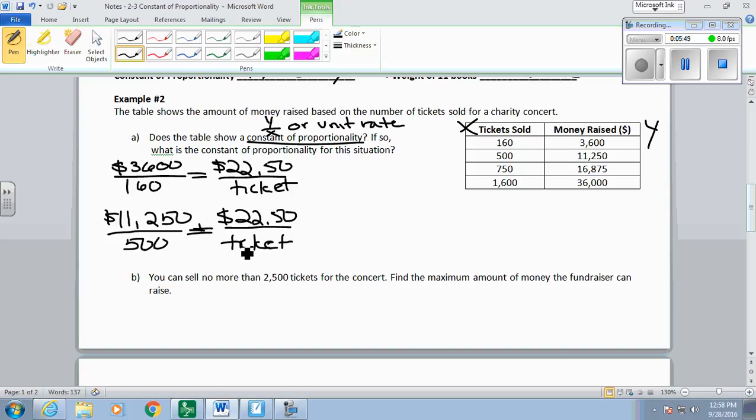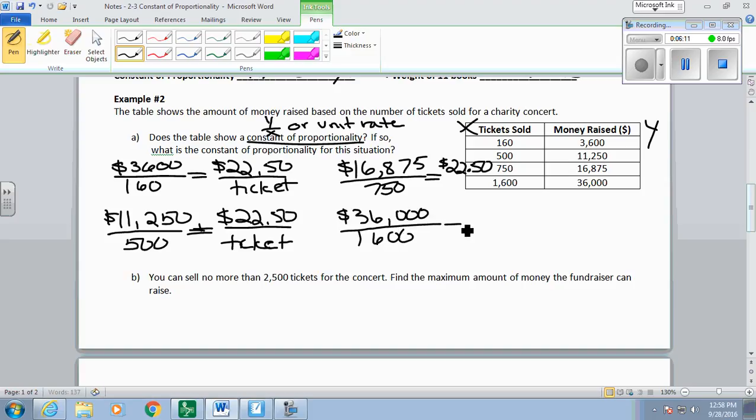We'll just finish out those remaining two, so we get 16,875 divided by 750, which will give us again $22.50. Sorry, I'm writing over the chart. And then the $36,000 for 1,600 to again give us $22.50.